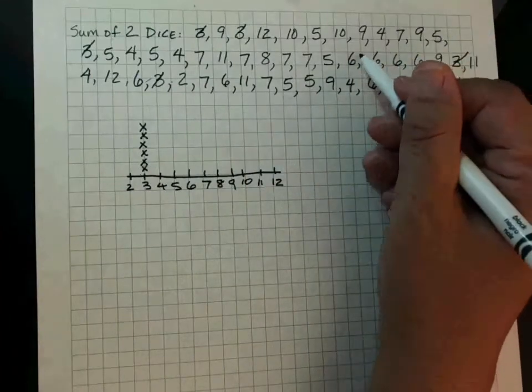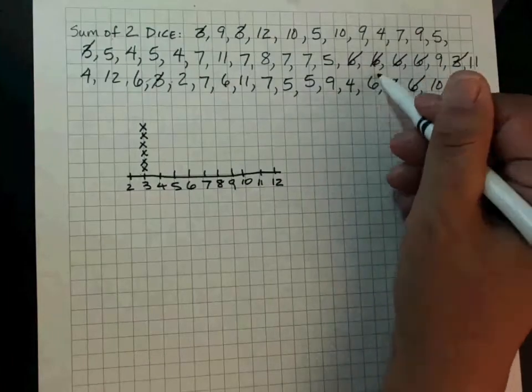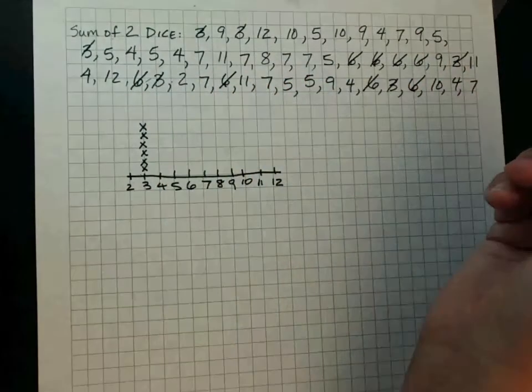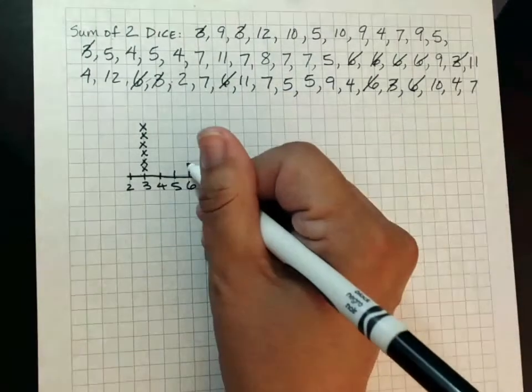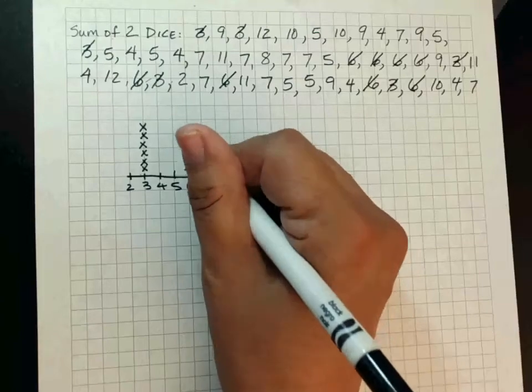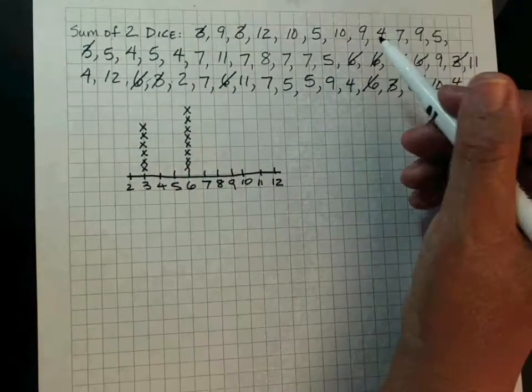I've got a lot of 6's. Let's do those. Looks like I have 8 6's. Let's do our 5's.